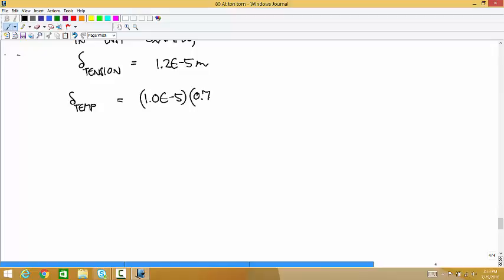So this is just 0.7 times the change in temperature. Positive means the temperature is increasing. Negative means it's decreasing. So for us, this is a positive 100. And we get an elongation of 7.0 times 10 to the minus 4 meters.